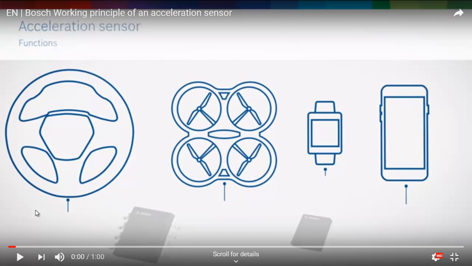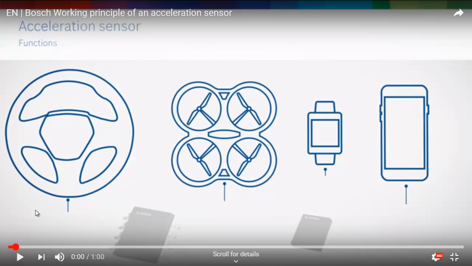And of course, they need only to measure acceleration in the direction of motion, in the longitudinal direction of the car. When the acceleration goes above a certain threshold value, the accelerometer gives the signal, and then the airbag explodes. This is how it works.